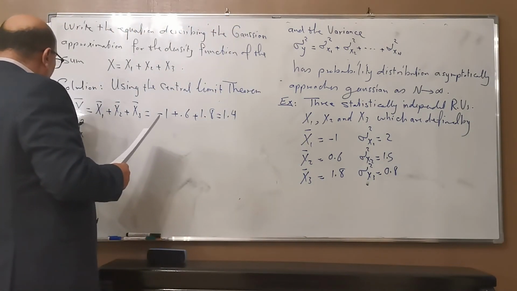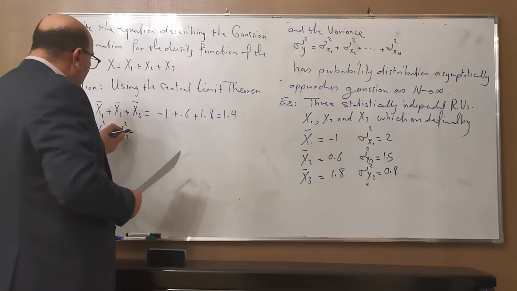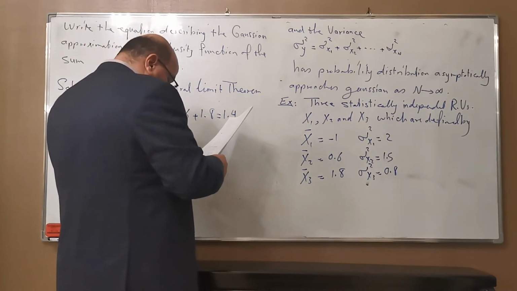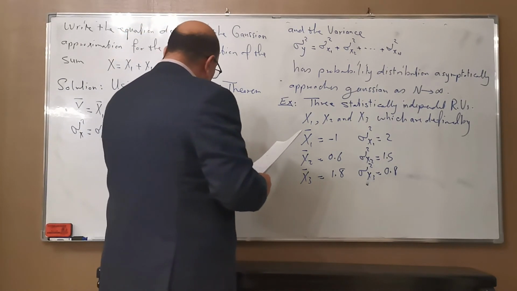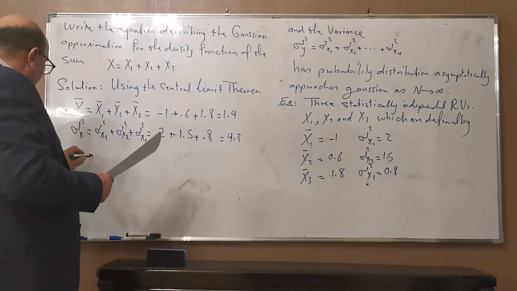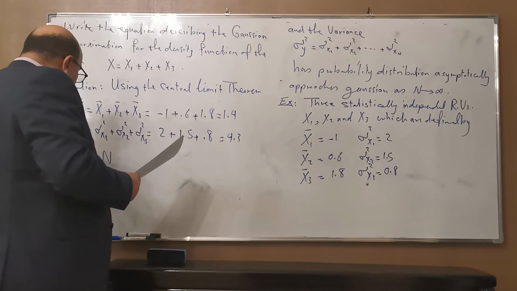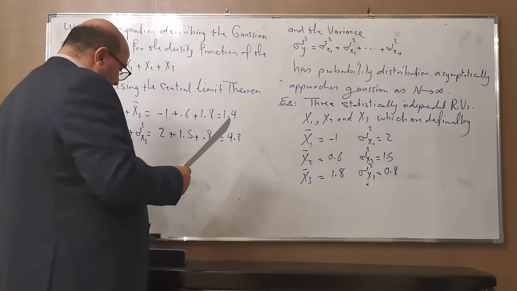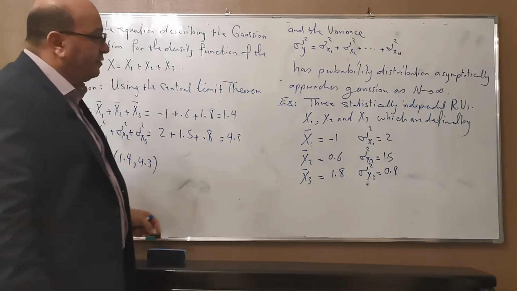And sigma x squared equals sigma x1 squared plus sigma x2 squared plus sigma x3 squared, which equals 2 plus 1.5 plus 0.8, and this equals 4.3. This means that our random variable x, the summation of those three, belongs to a normal with a mean of 1.4 and a variance of 4.3. Of course, this is an approximation because you are adding only three random variables.